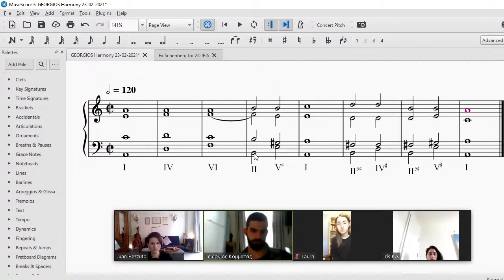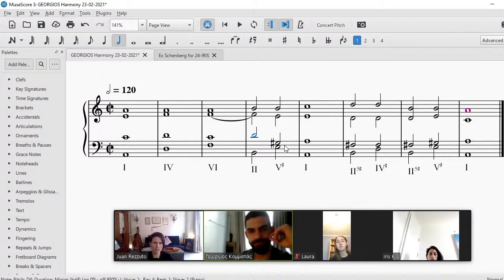Here it is. Now, should I have done the tenor re, and then have this big leap re sol sharp? Well, no. Now you could have done this, yes. Why? Because we have a little problem.